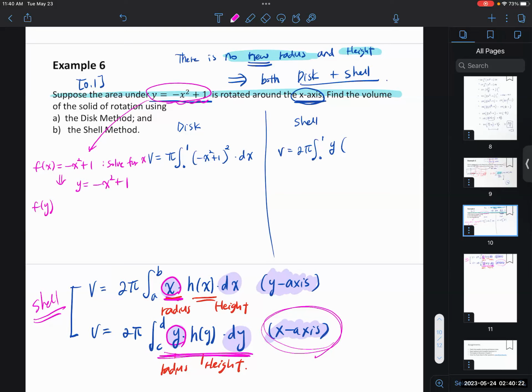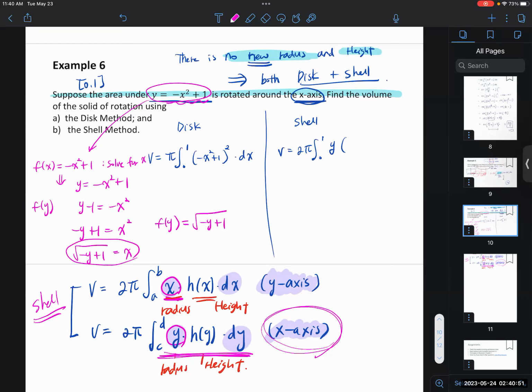Let's solve for x. So y minus 1 equals negative x squared. Let's divide by negative everywhere. So negative y plus 1 equals positive x squared. Now you're going to put the radical. So radical of negative y plus 1 equals x. This is your f of y, equal to the radical of negative y plus 1.